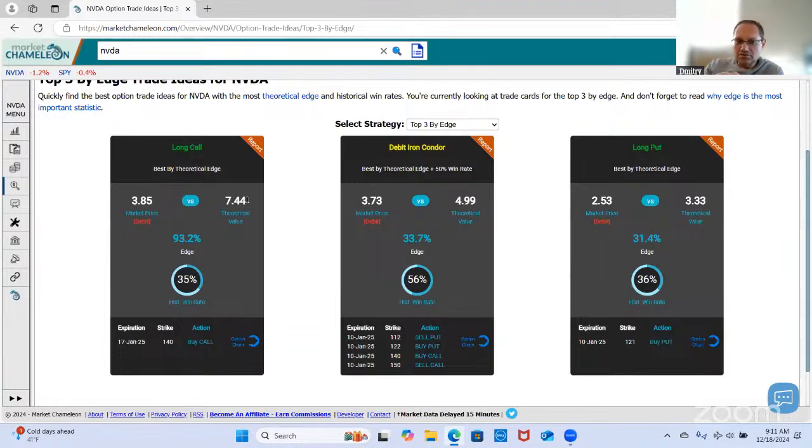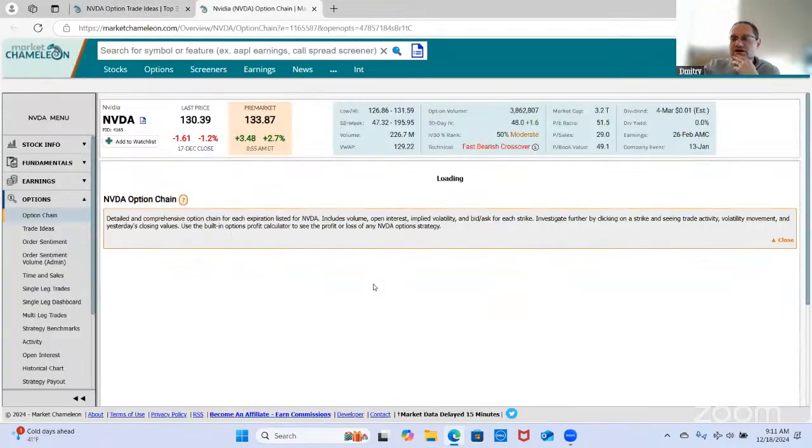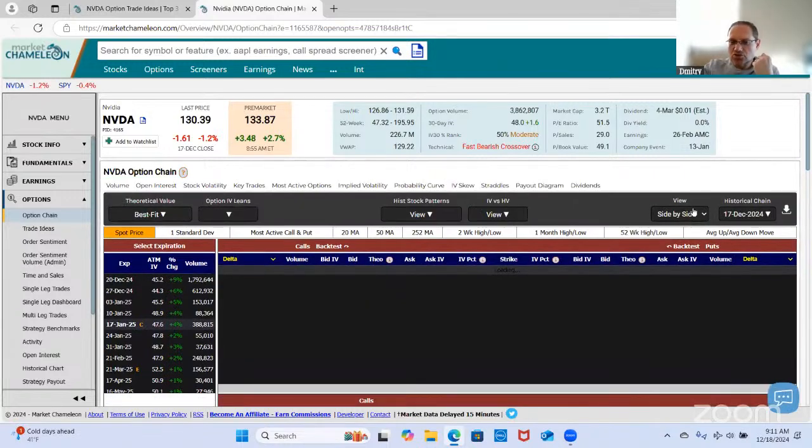We got a pretty big difference here. Let me go and look at it further. And to do that, we could click on this options chain arrow. And let's see what else we could find about this particular options trade.